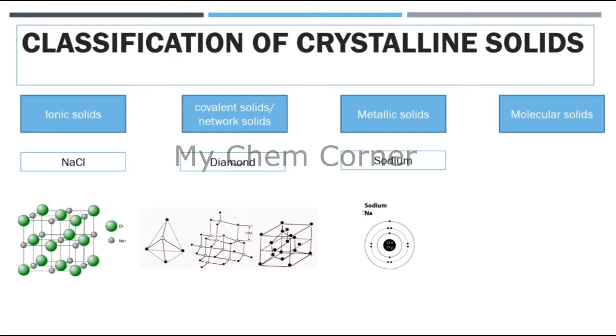Sodium, potassium, any metal can be considered. Molecular solids, we will go into detail later because we have certain classifications under molecular solids. So examples will be in detail for that. So let's go into detail for each of these, looking into their characteristic features and certain examples.